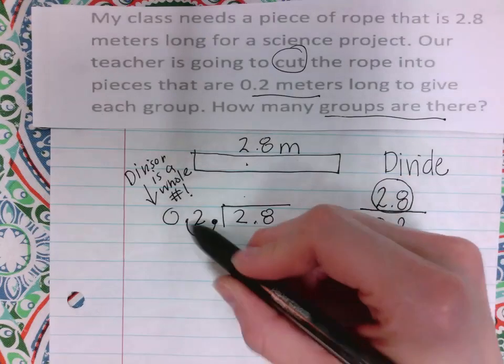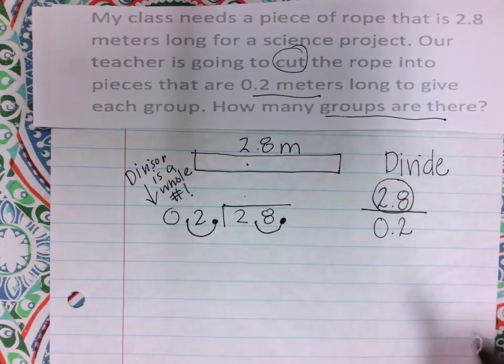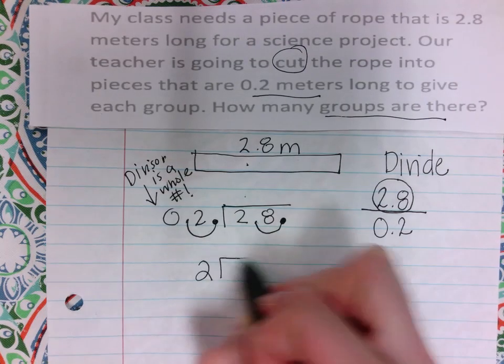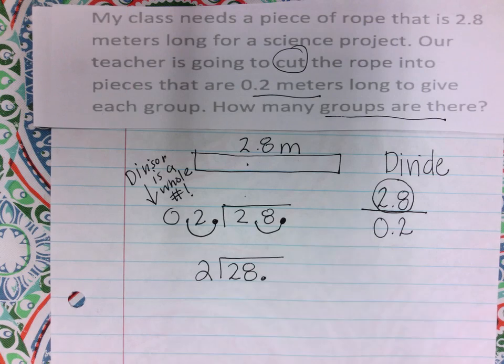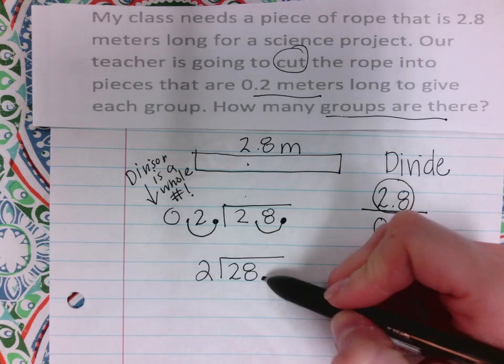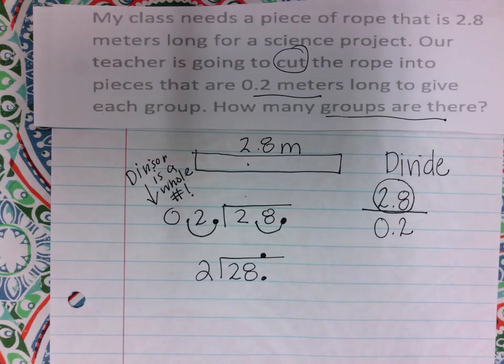So I moved it once, so I'm going to move my decimal once here. Now I'm going to rewrite my problem. I have 2 wholes divided into 28, and my decimal's here. Our rule says if the divisor is a whole number, then you bring your decimal straight up, and we divide just like normal.